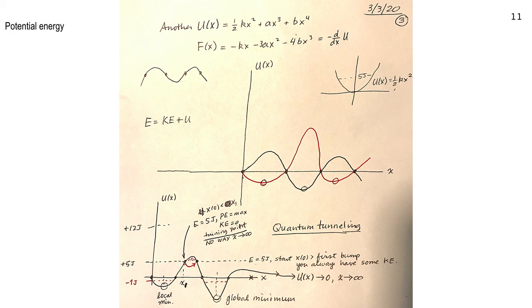and you can figure out where's the break point between oscillation here, and this is going to be a free particle over here. If your E is equal to 5 joules here, and you start x of 0 greater than the first bump, you always have some kinetic energy.